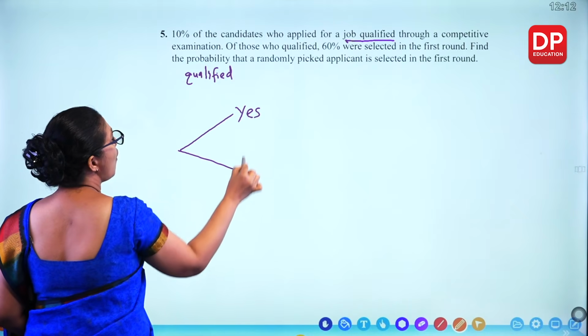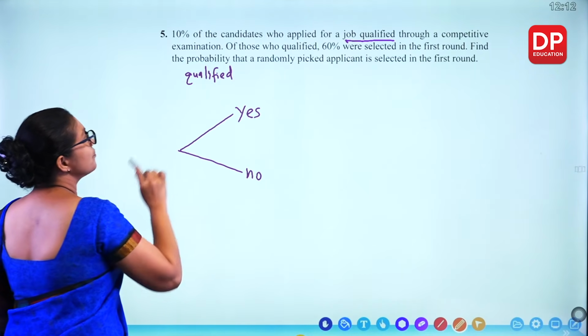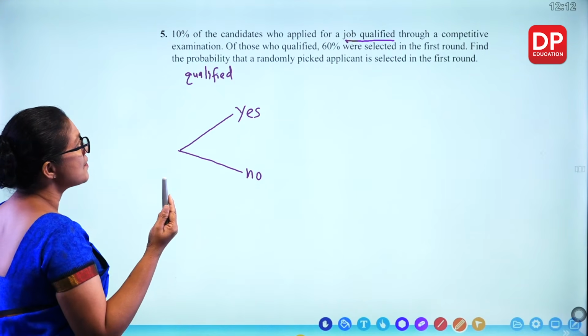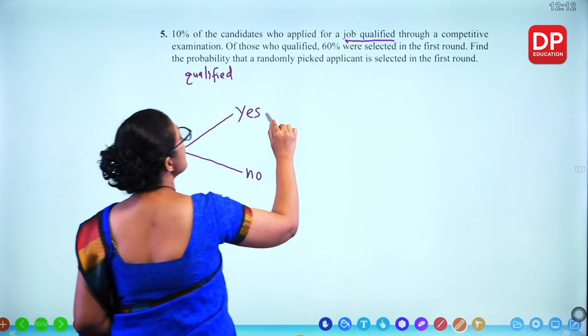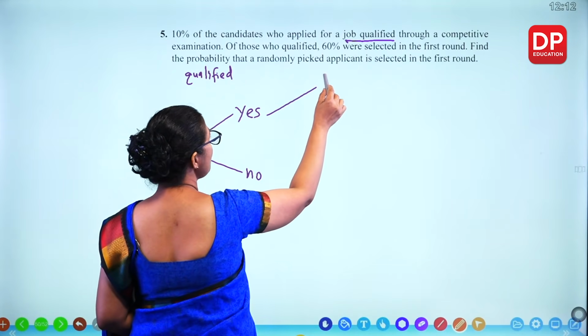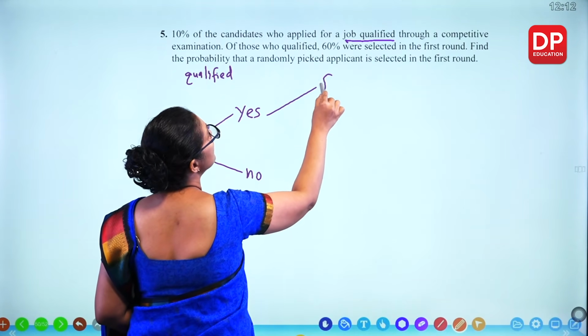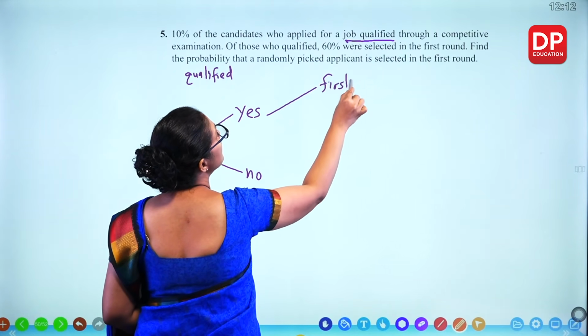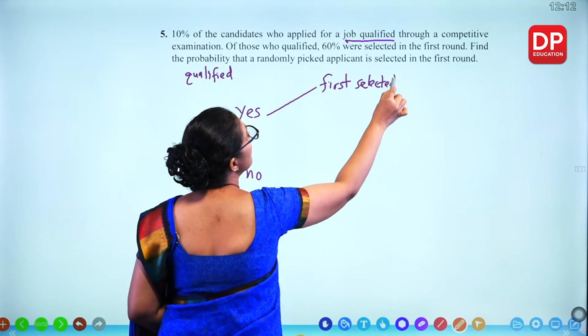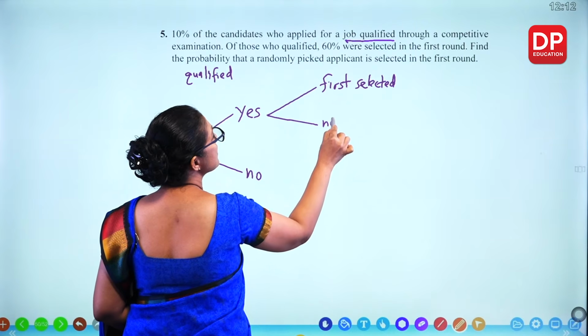Yes or no. After you get qualified, 60% were selected in the first round. So here, the second one is first round, selected and not selected.